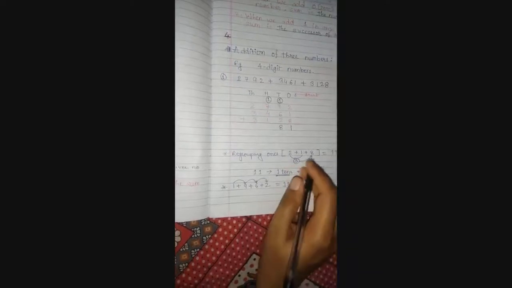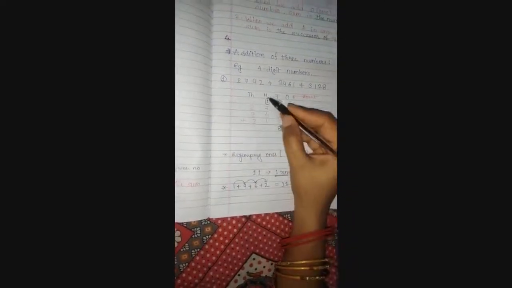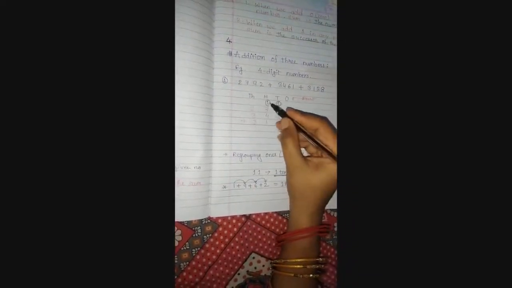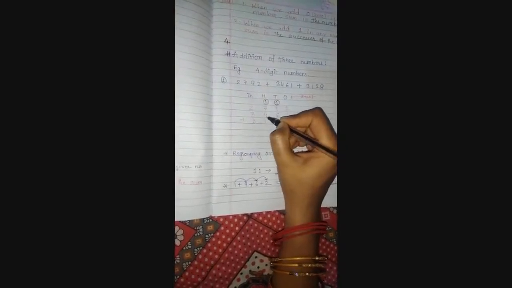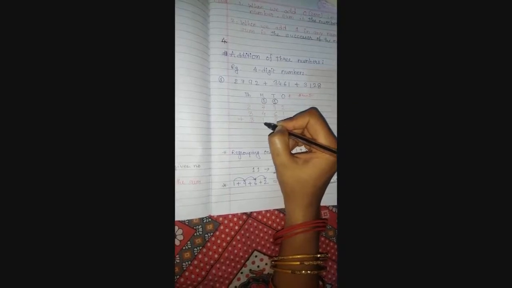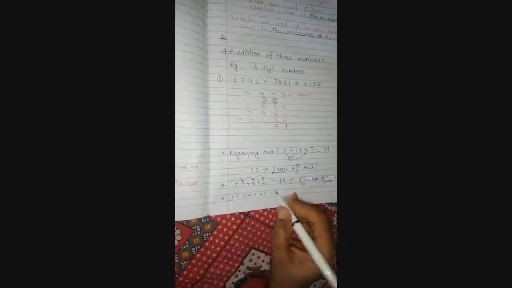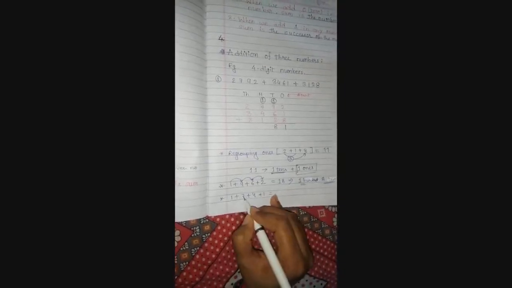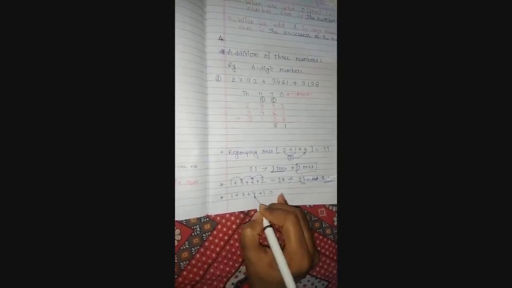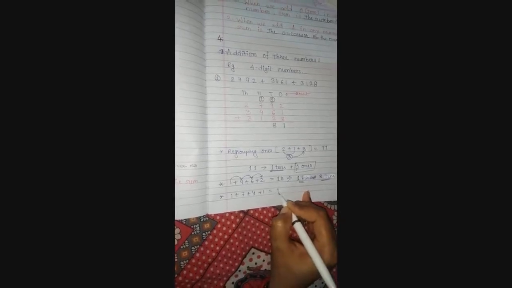Okay, let's repeat the same with the hundreds please. What will we get? 1 plus 7 is 8, 8 plus 4 is 12, 12 plus 1 is 13.